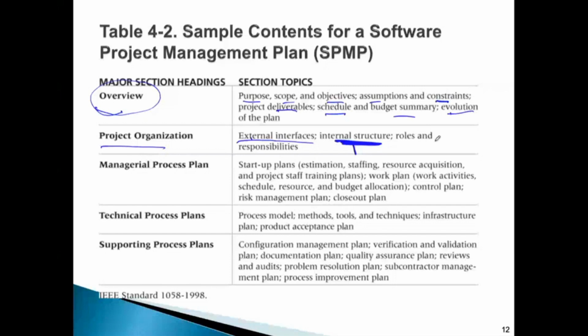All these have to be documented, written in paragraphs explaining things, in this document. Technical process plan: process models, methods, tools. We mentioned this earlier. So what methodology are we going to follow? How are we going to ensure that the product is tested and it is running as expected?